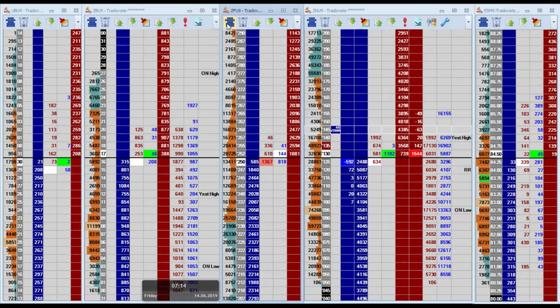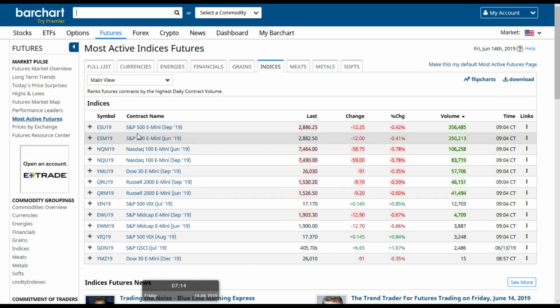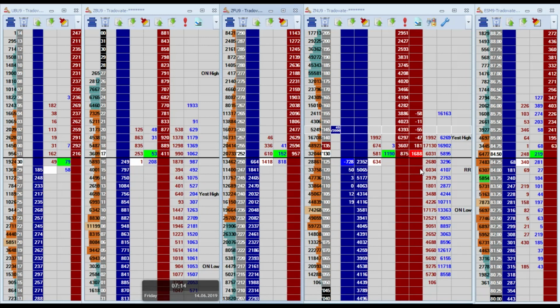And just real quick, this week, well, mainly today, because after today it'll be complete, is rollover for the ES. If we look at how the volume's traded right now, actually September just pulled ahead of June. When I checked about half an hour ago, June was still in the lead. So this is the June contract over here. That makes for a little bit of volatility as far as rollover.